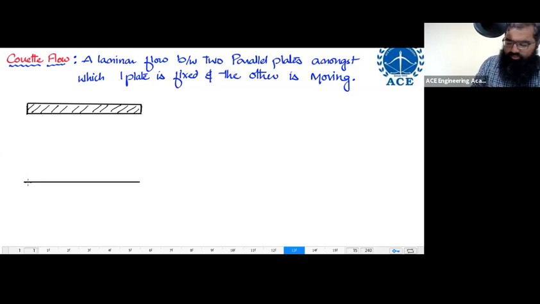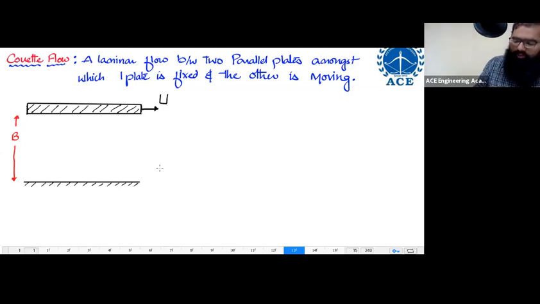Let us say the lower plate is a fixed plate. The upper plate is a moving plate, moving with some velocity capital U. The distance between these two plates is represented by capital B.